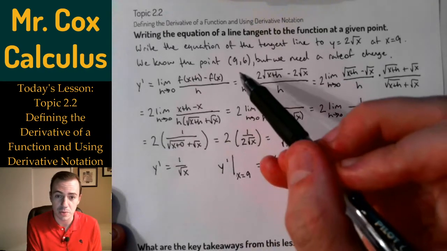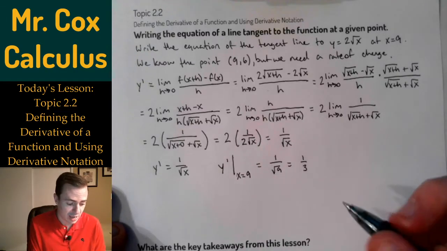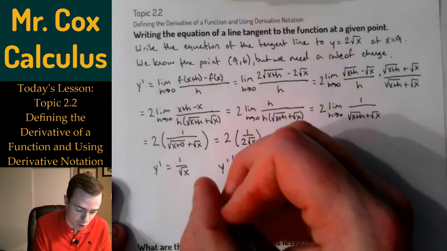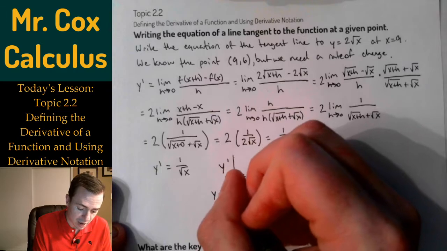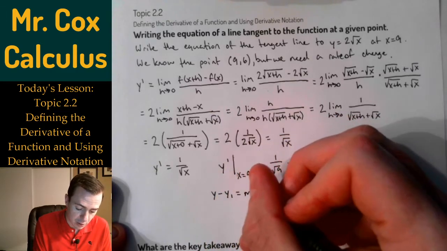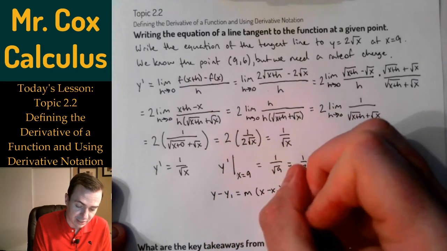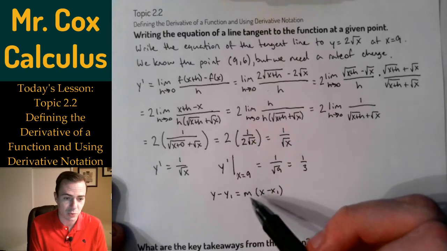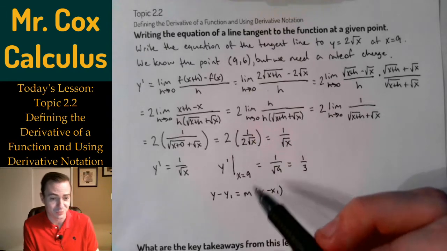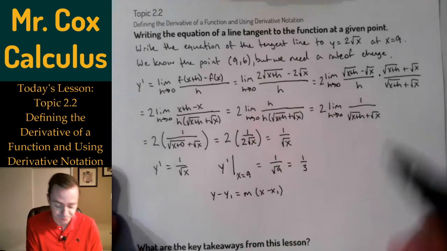We already know the point, and so now we can go and plug this into our point slope form of a line, which is y minus y1 equals m times x minus x1. In fact, you'll replace this idea of m with the instantaneous rate of change.